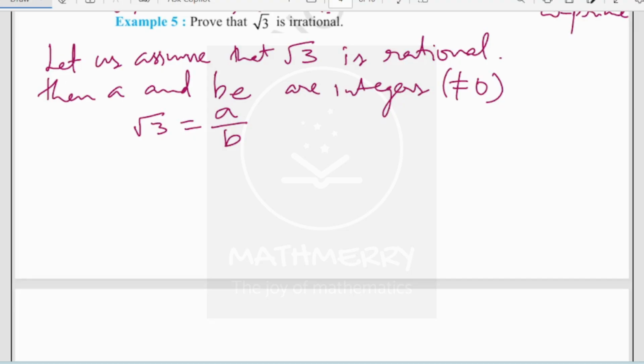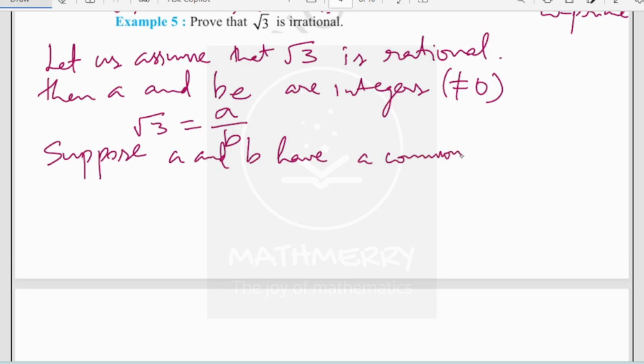Now, here we are not mentioning A and B to be coprime. So we are going to mention that in the next step. So suppose A and B have a common factor other than 1.